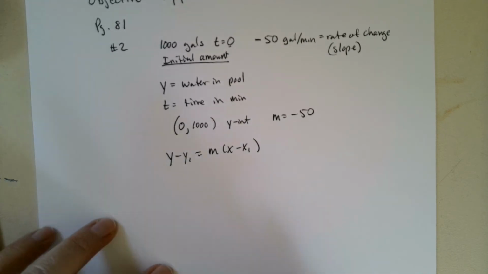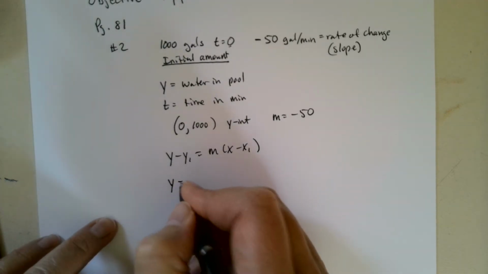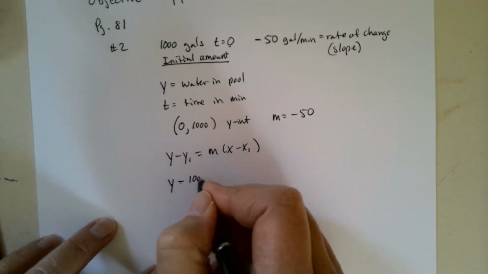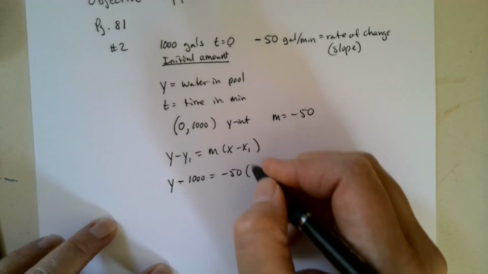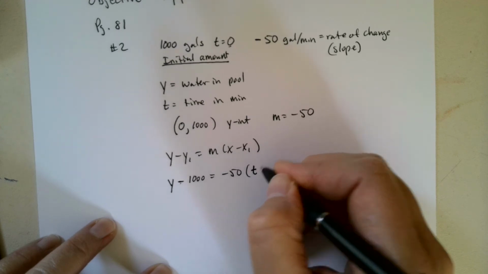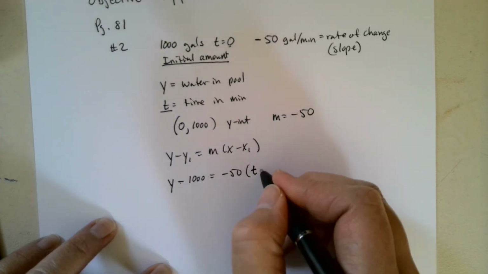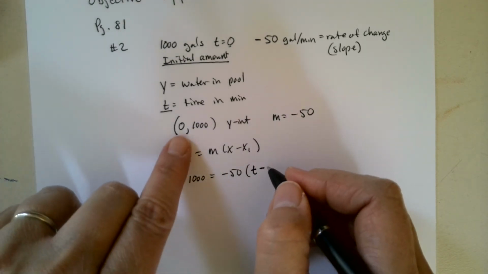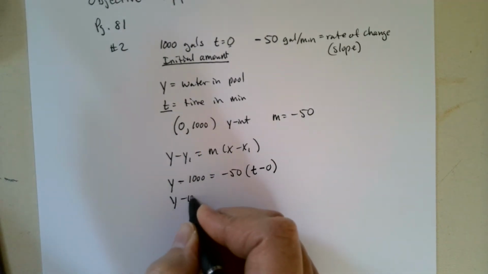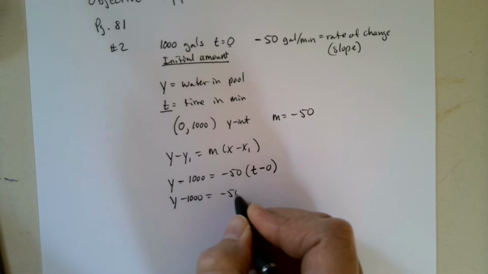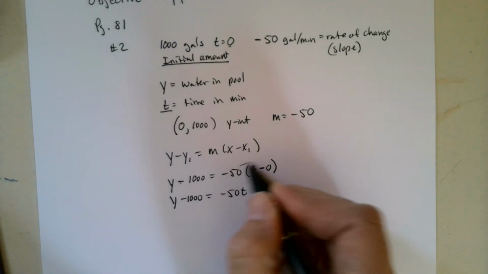And so I'm going to plug in the y sub 1 is 1,000. Our slope is negative 50. And I'm going to use t because they want us to use t instead of x. And the initial time was 0. And so when I clean this up and I distribute, I have negative 50t, and then this would just be 0.